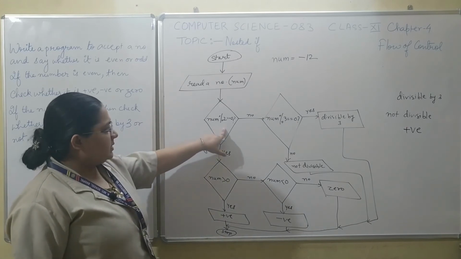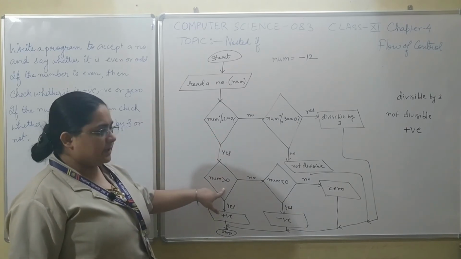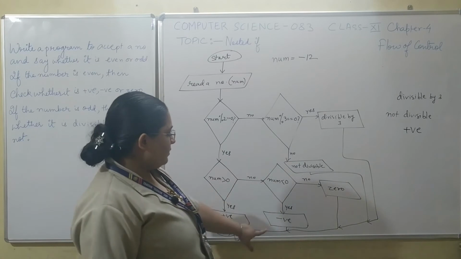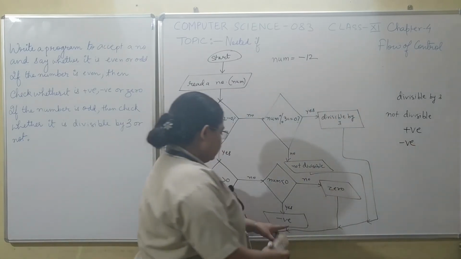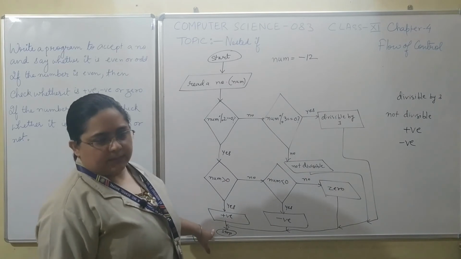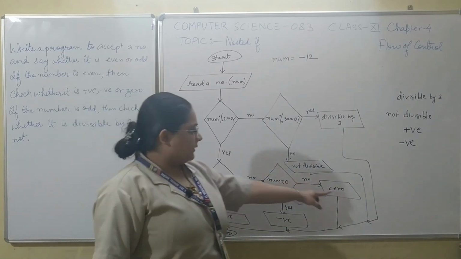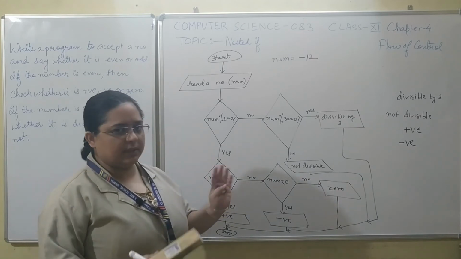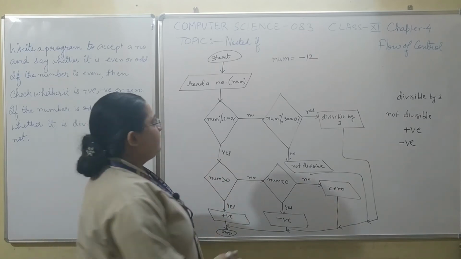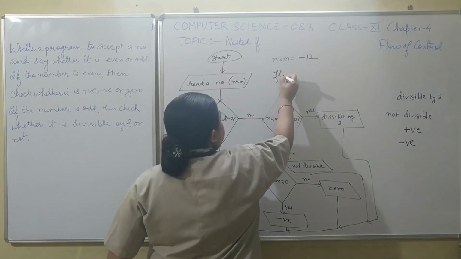So is it divisible by 2? Yes. Is it greater than 0? No. Is it less than 0? Yes. Print negative and go to stop. And if the number entered is 0, it will be executing this statement. So this is how we have to first figure out the logic in the form of a flow chart.